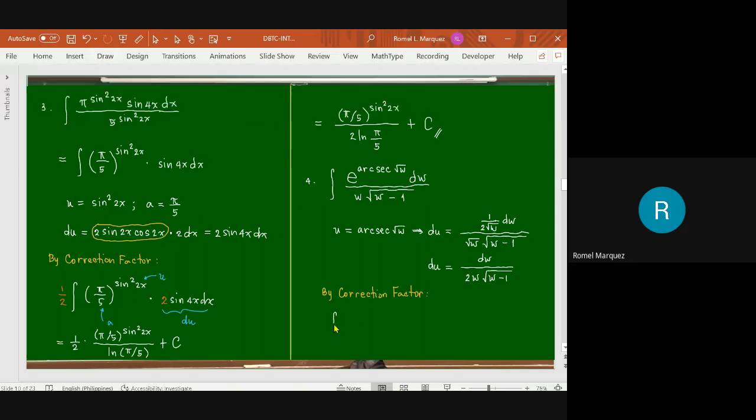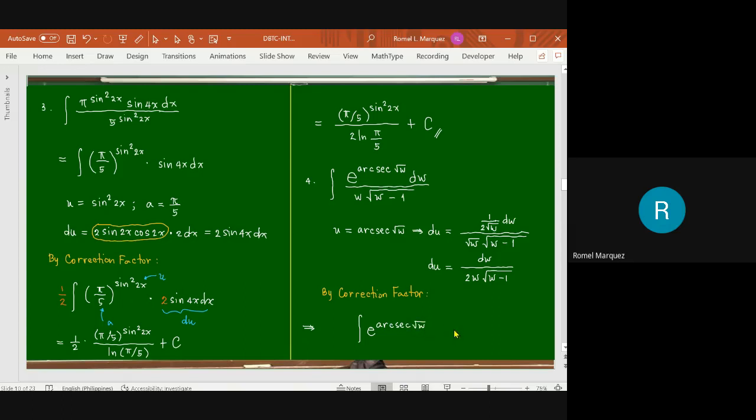So integral of, so this given now becomes what? What am I going to do? We have e to the u, but what is my u? Arc secant of square root of w.